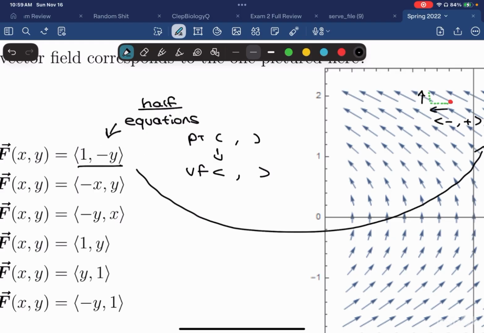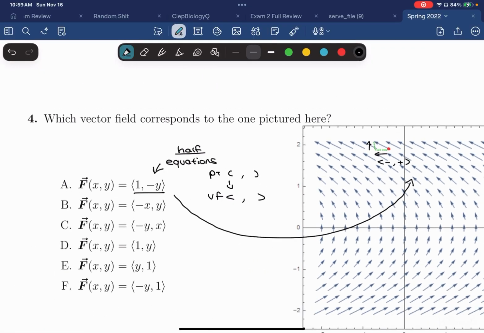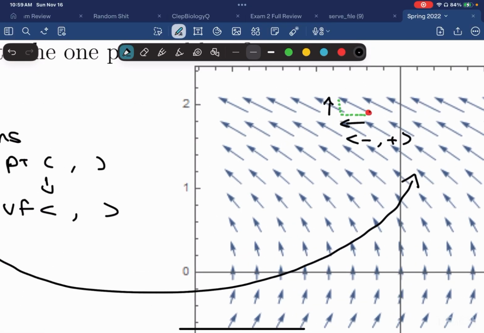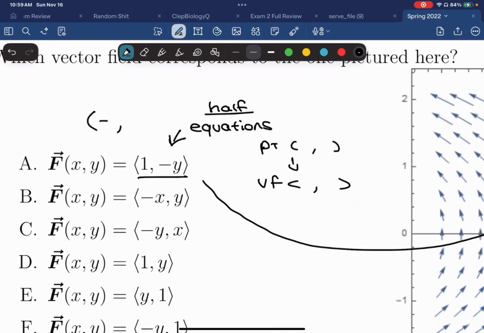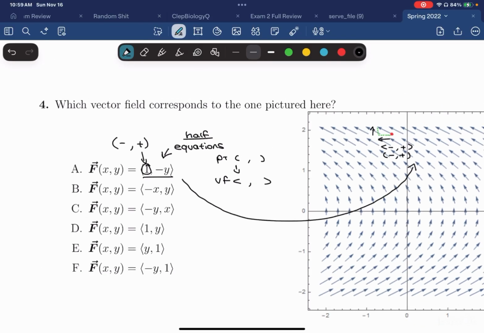We know that this point is a negative x and a positive y. If we plug in a negative x, positive y, this is already a positive 1, so this cannot be the answer because it doesn't correspond with the vector.